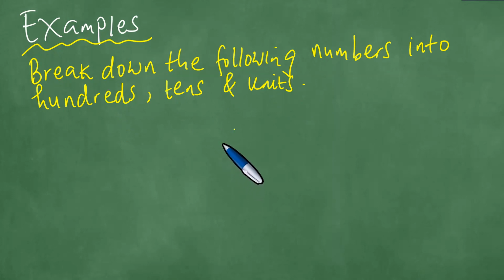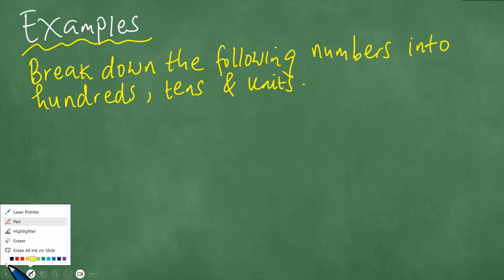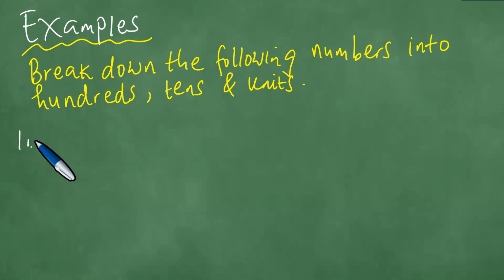So let's just look at these particular examples. Number one. Okay, what is number one? Number one is saying, for example, you're looking at this one, 263.